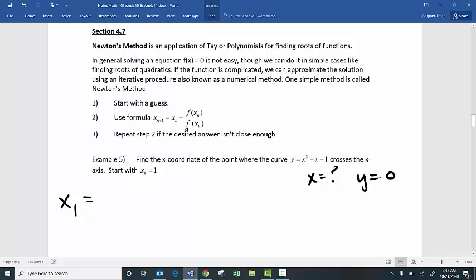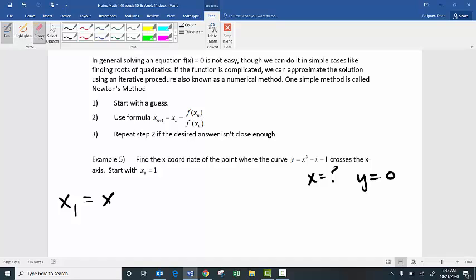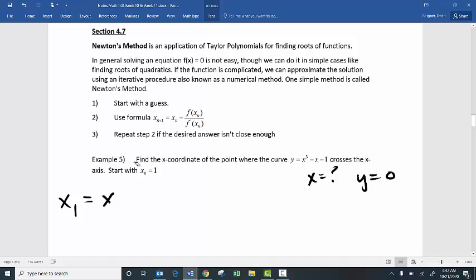Okay? So what you're going to do is you're going to follow this little formula up here. And x of 1, your next guess, is based on your first guess. So here's the formula. So your next guess, which is x of 1, you start out with your first guess. All right? And I'll actually kind of write this little formula here.